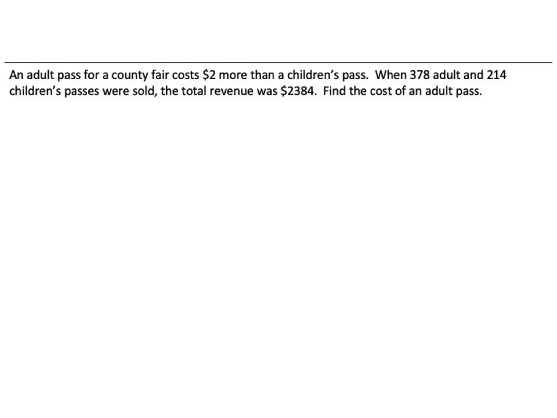Finally, let's look at an application question. An adult pass for a county fair cost 2 more than a children's pass. So I'm going to use A and C for the cost of each of these things. An adult pass, I'm going to say A, is equal to 2 more than a child's pass, so C plus 2.